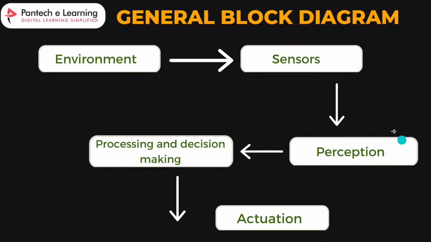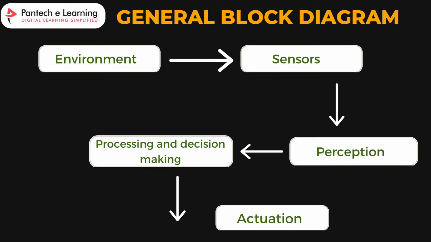Next one, the perception. What is perception? The autonomous vehicle processes the data collected by the sensors and extracts important information about the surroundings, like the positions of cars, whether there are any pedestrians or road signs, and more. This is perception.